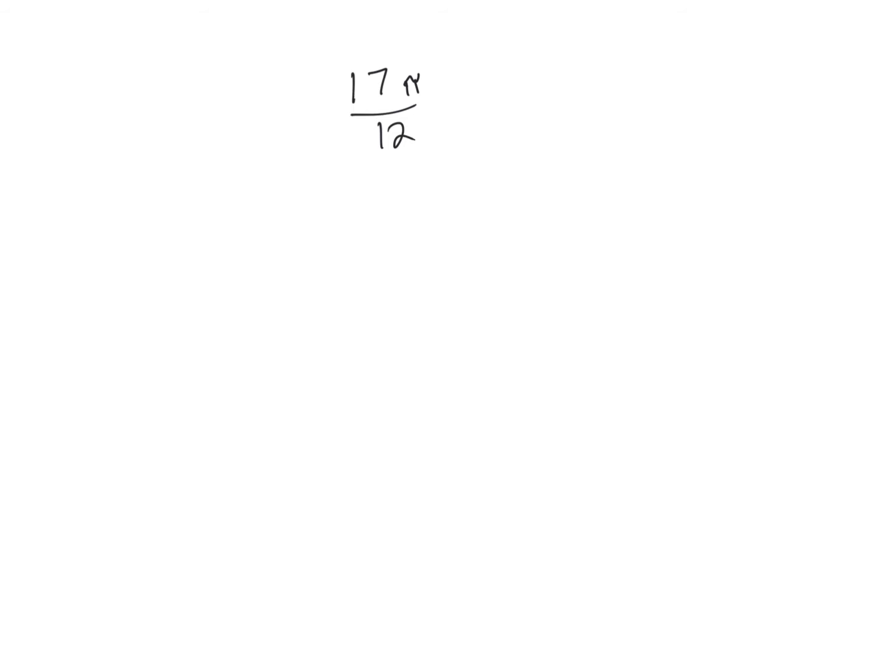Our 30 degrees, which is pi over 6, is equivalent to 2 pi over 12. Our 60 degrees, which is pi over 3, is equivalent to 4 pi over 12.